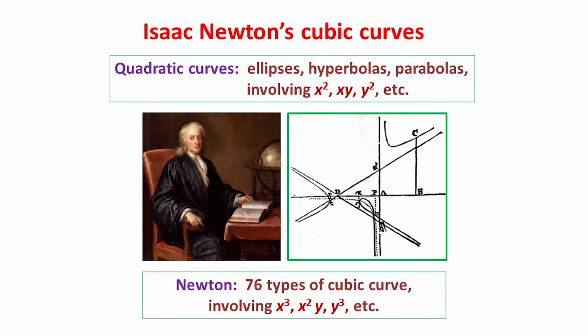And in fact, as Isaac Newton found, in work that was far ahead of its time, there are no fewer than 76 types of cubic curve. And he found all 76, publishing most of them in a book on optics, which he wrote in 1704. Here's one of them.